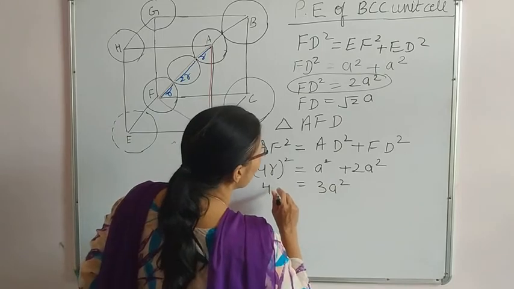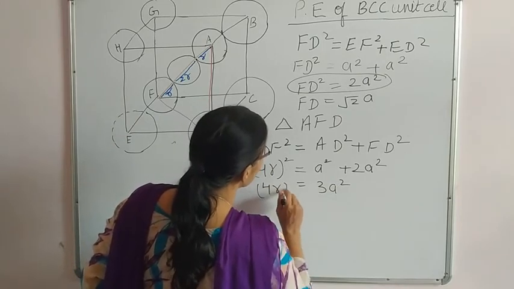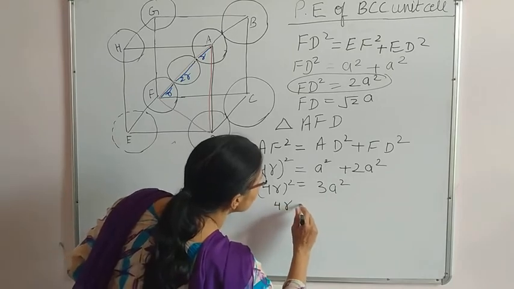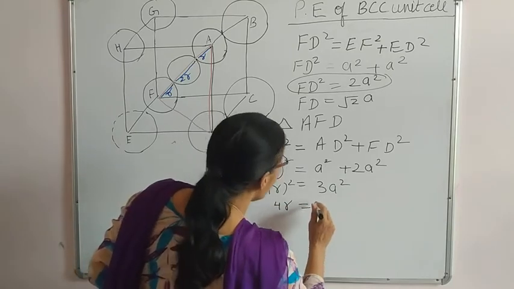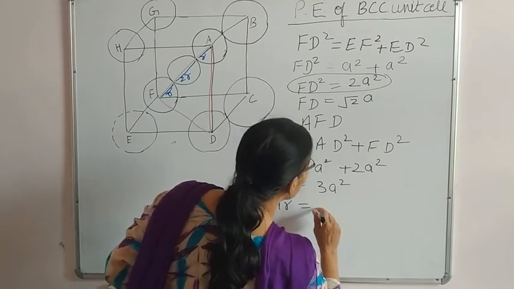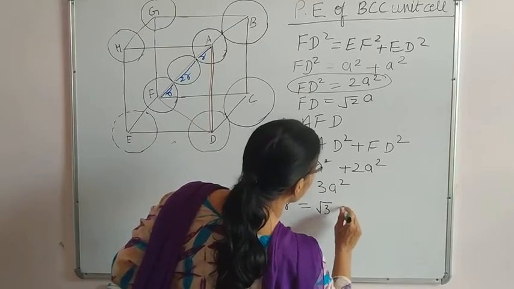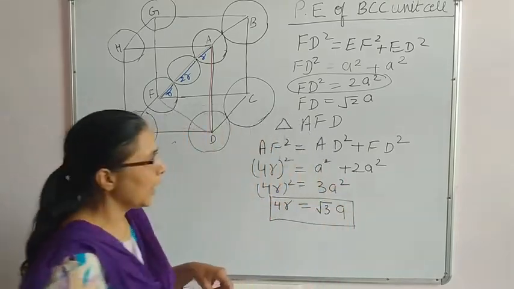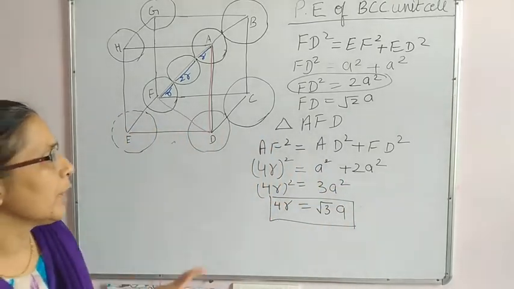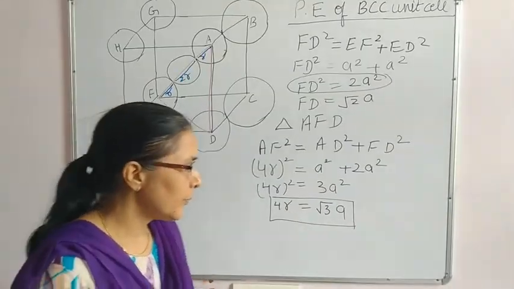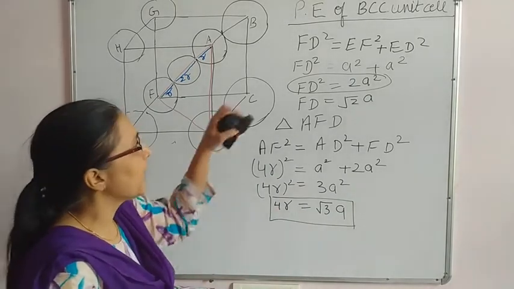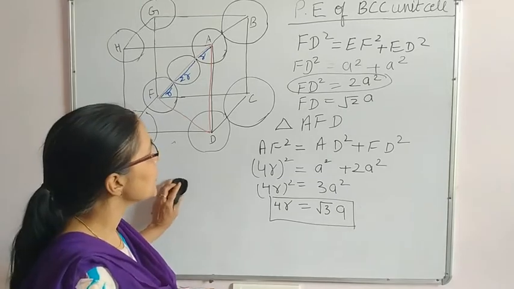So 4r square is equal to 3A square. Here the relationship between r and A is 4r is equal to root 3 A. This relationship is very useful, and we will use it in our derivation. Now use this relationship to determine the packing efficiency.